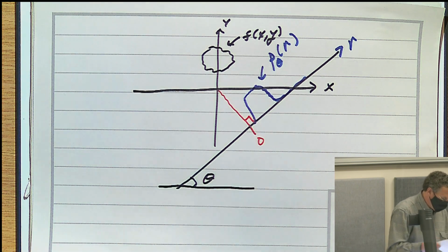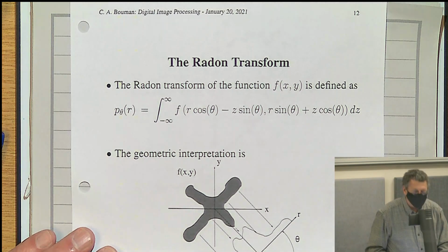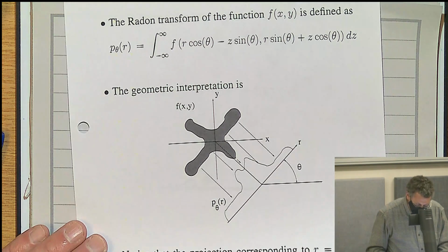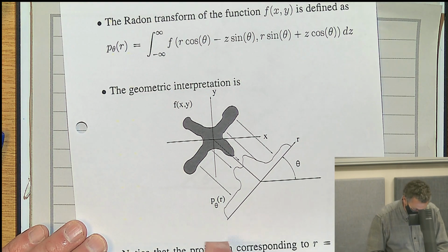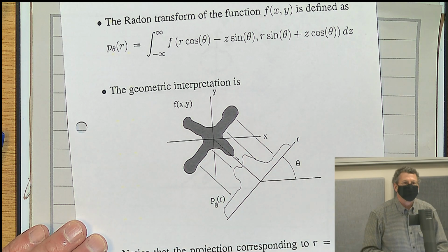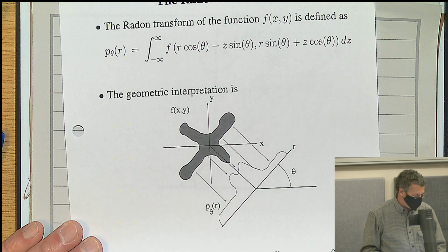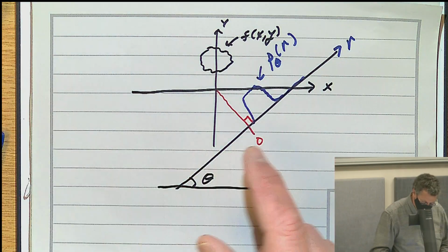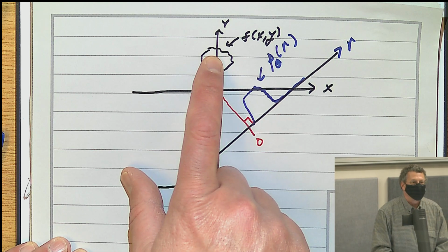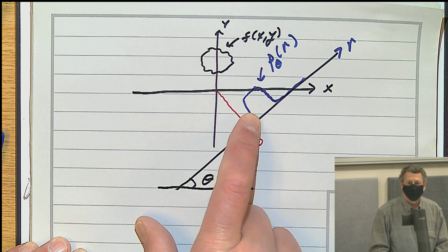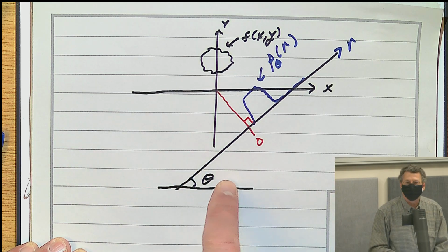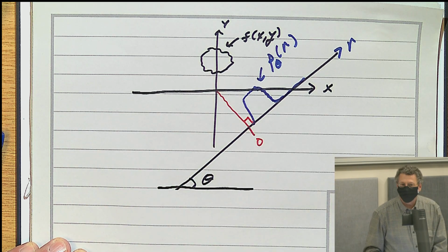This is the integral relationship, because you're integrating along here. Since integrals are linear, it has to be a linear transformation. If you double this, that will double, or if you have two objects in your view, they will add in the projections.